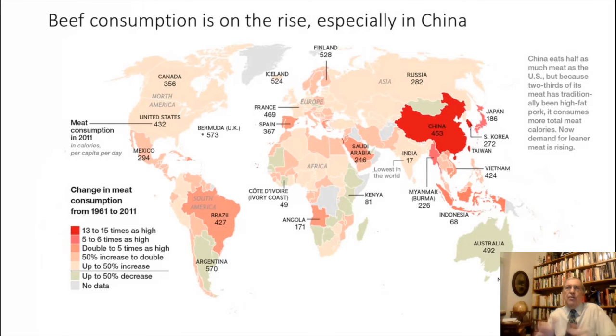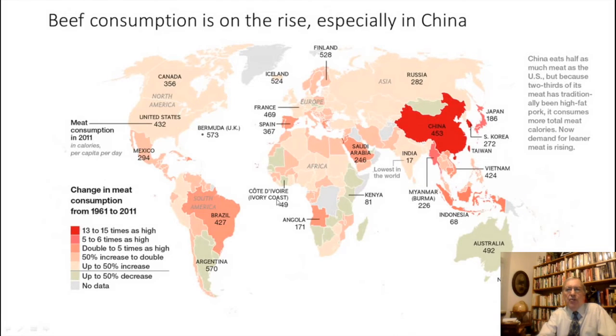We all know if you eat steak every day, you're going to have heart problems and all kinds of health problems and so forth. Notice Argentina still way above everybody else, 570 calories per day. They're still beef eaters, although they are not increasing their intake of beef.